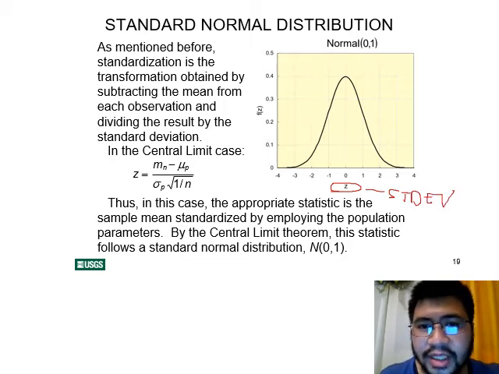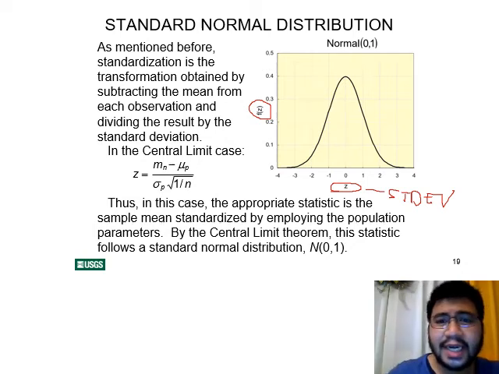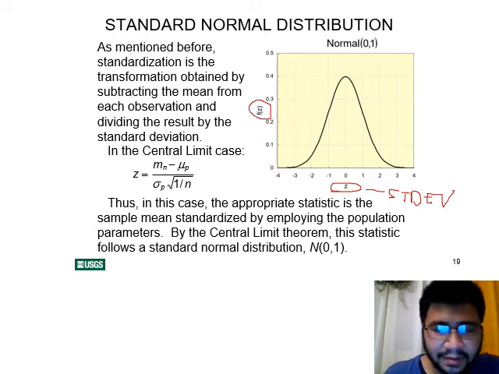So z-scores versus your probability, f of z. Any normal distribution can be standardized by converting its values into z-scores, and z-scores tell you how many standard deviations from the mean each value lies.